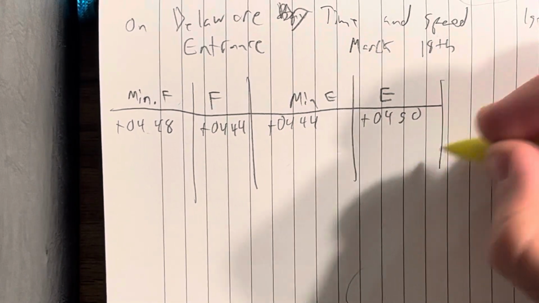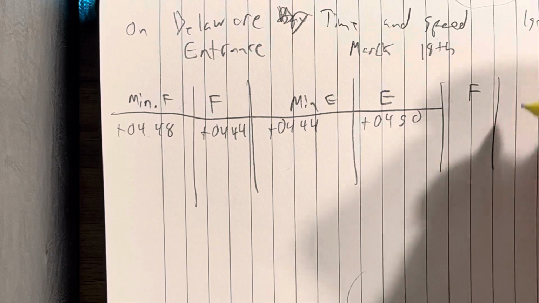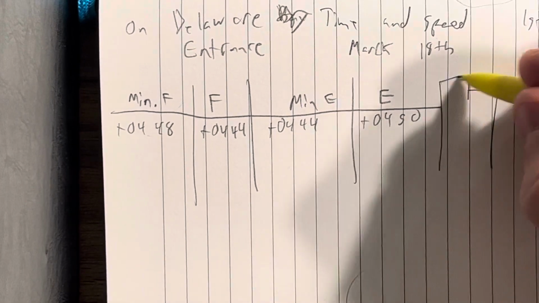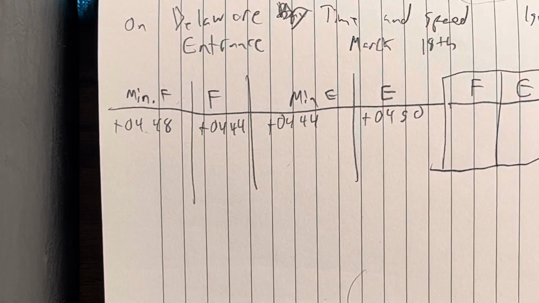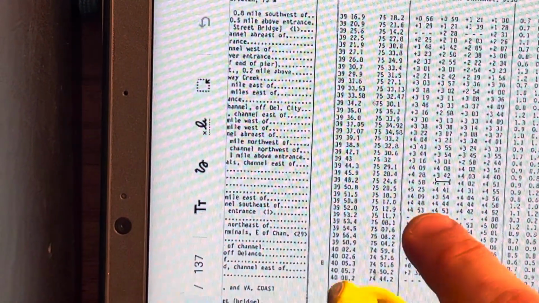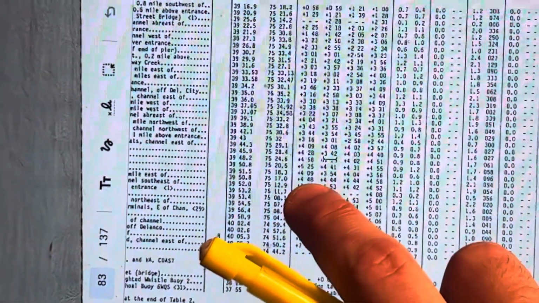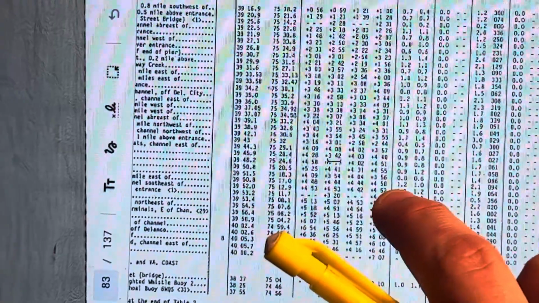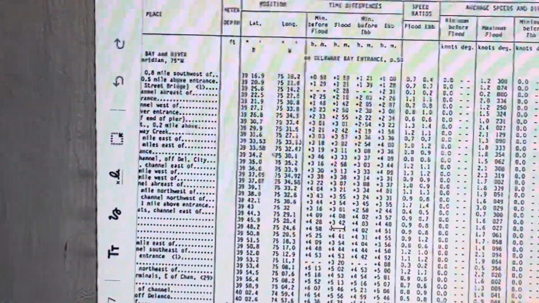And then we'll get for speeds, flood, and ebb. This will be the speed ratios off to the side here. Okay. You can see, where is it? 4 hours, 48, 44, 44, 1.2 and 1.0 as the flood and ebb speed ratios.